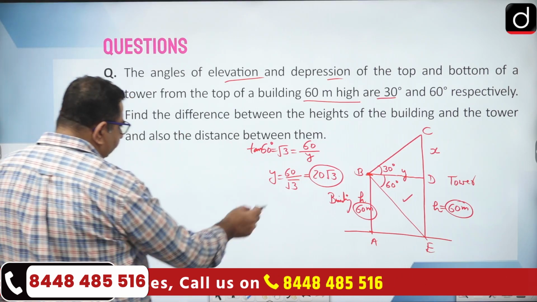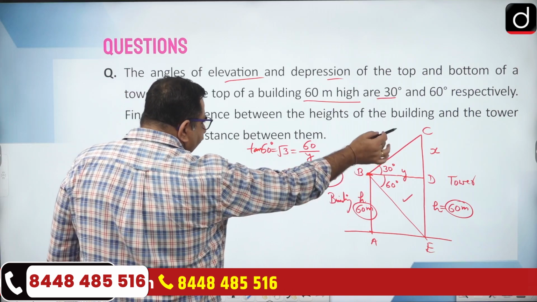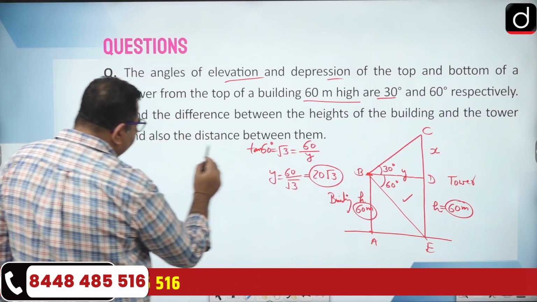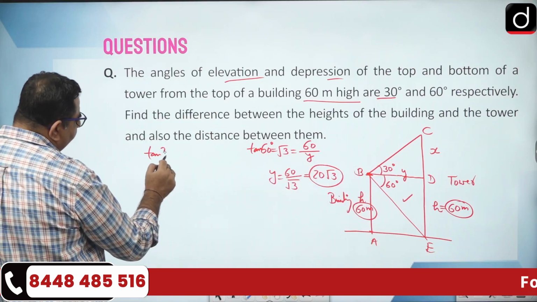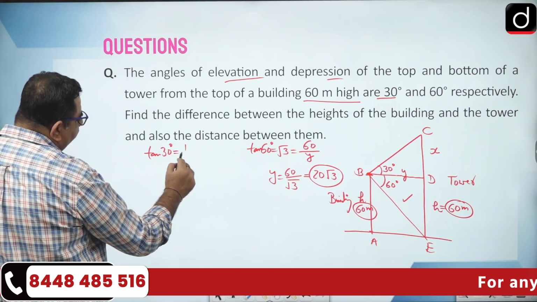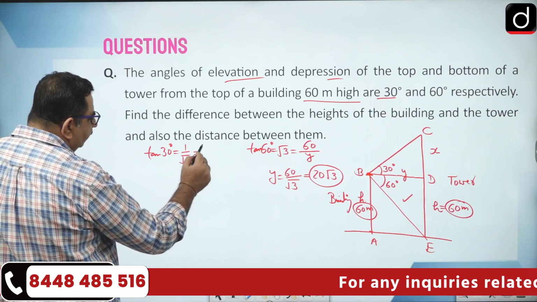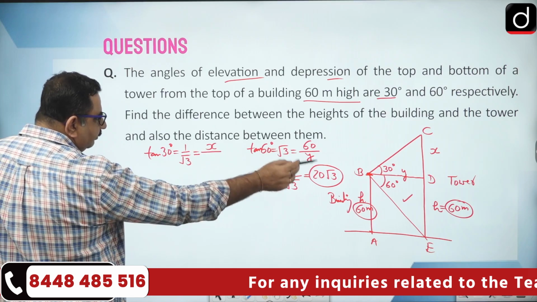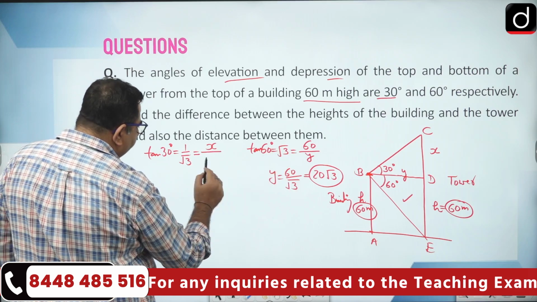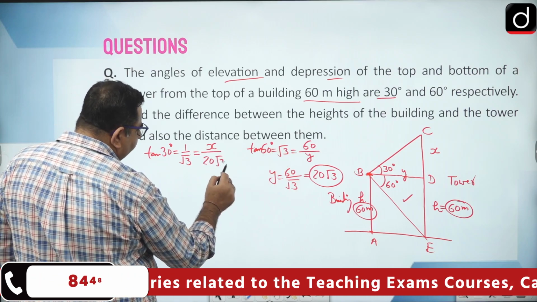Now second, we have to find the height of the tower. So we can use tan 30 in another triangle. Tan 30 is 1 by root 3, that is equal to x upon y, and y is 20 root 3.